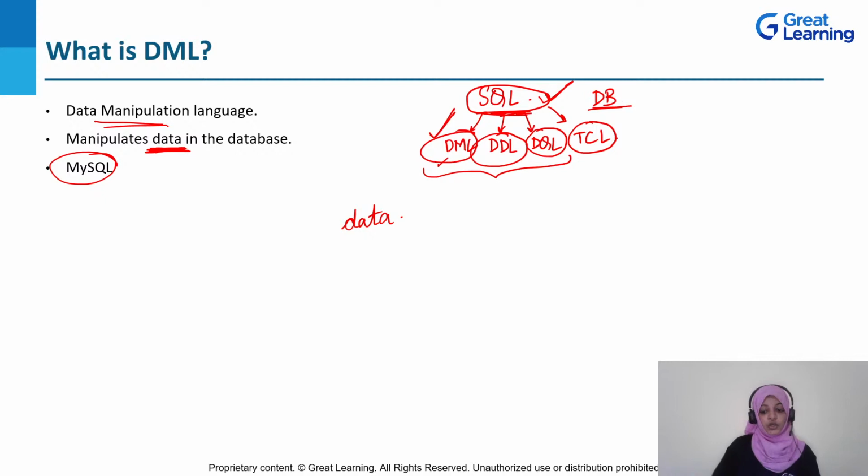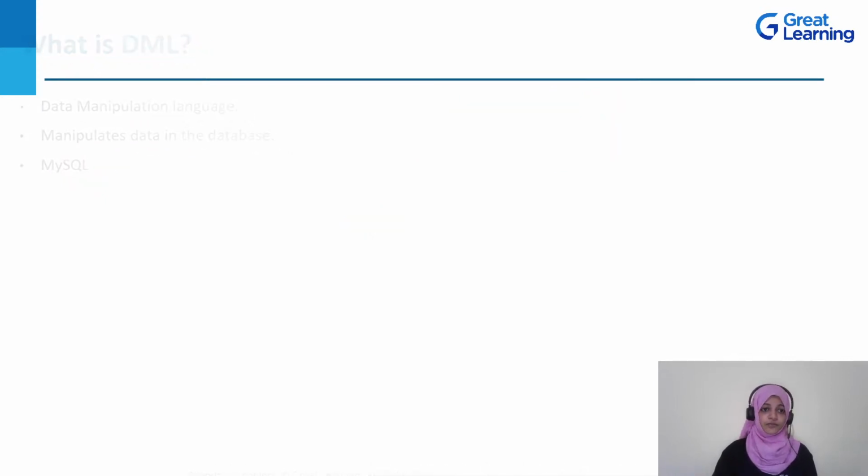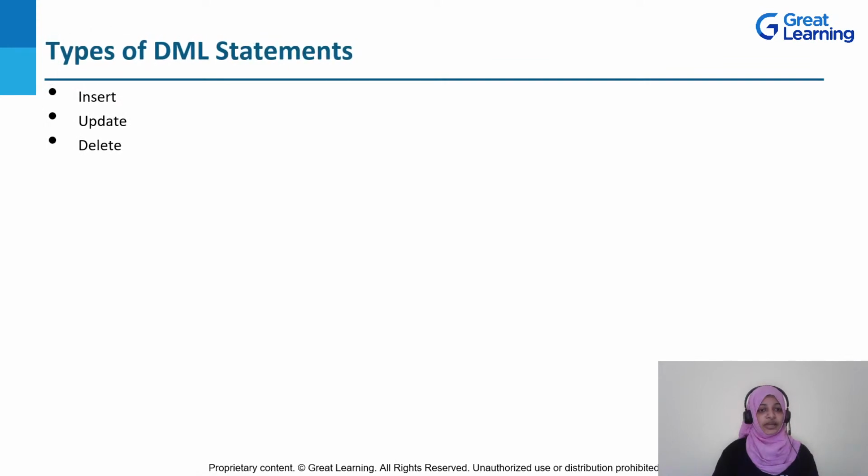All right. So before going into the depth, let us quickly look at the types of DML statements. Most of us are already aware that we've got three types of DML statements. We've got the insert, the update, and the delete statement. In each of these different kinds of statements, there is a structure that has to be followed.